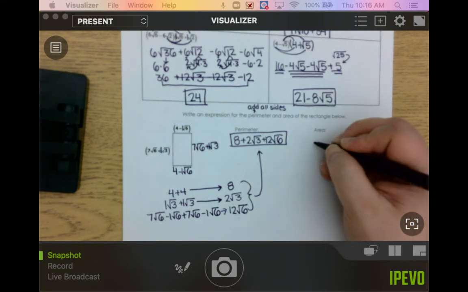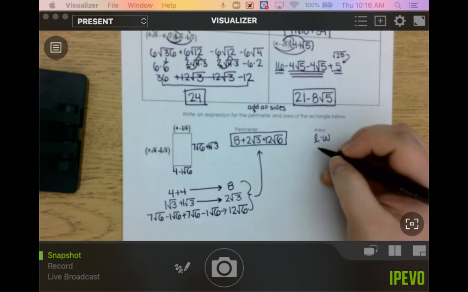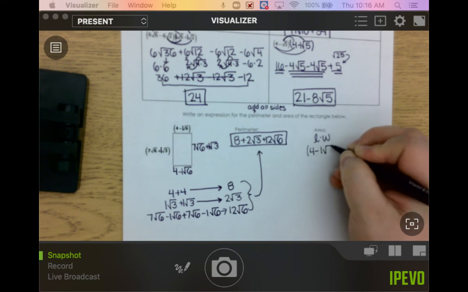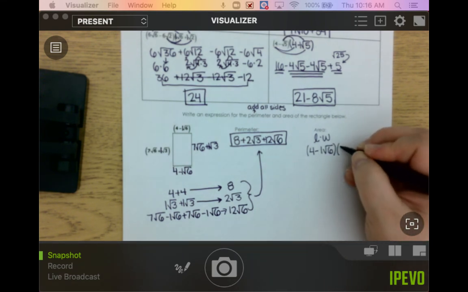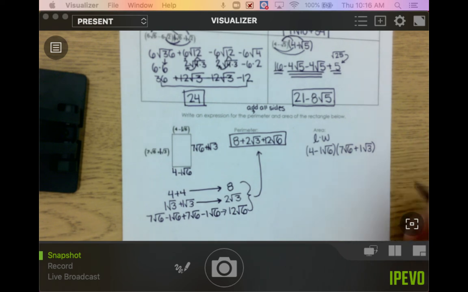Area is length times width. So the length of my rectangle, it does not matter which one you think is which, is 4 minus 1 square root of 6. The width is 7 square roots of 6 plus the 1 square root of 3. And you're going to multiply this out just the same way we did on the top.